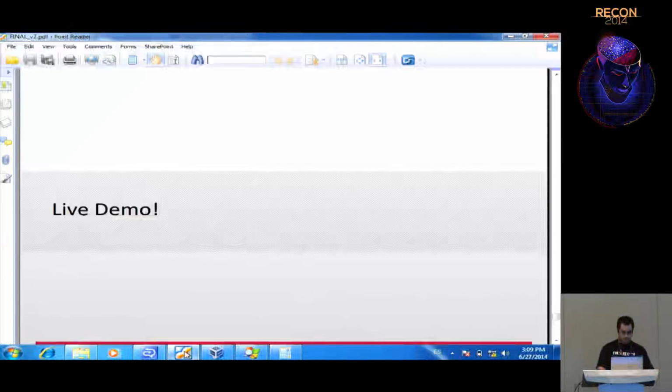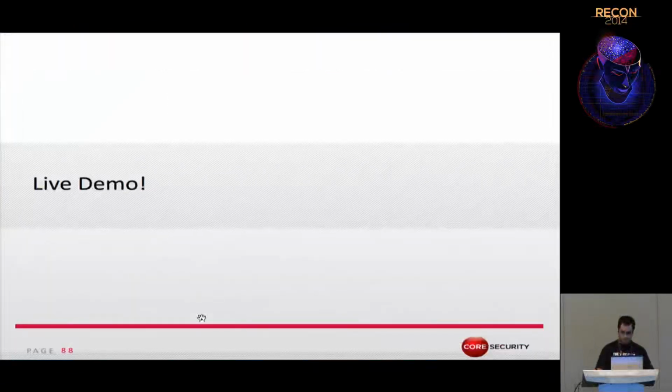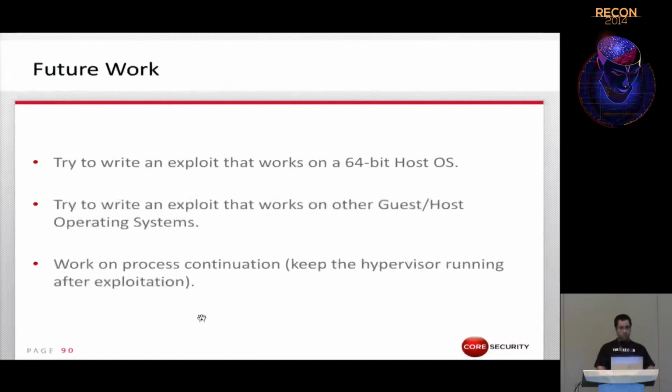So back to the slides. So, future work and conclusions. It would be nice to try to exploit these vulnerabilities on a 64-bit host OS. In fact, I did it on a 32-bit OS on the host side.